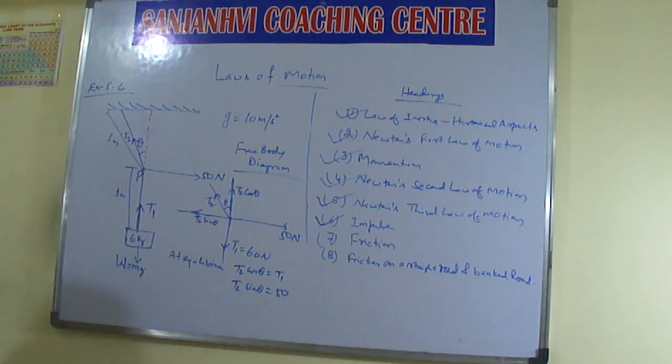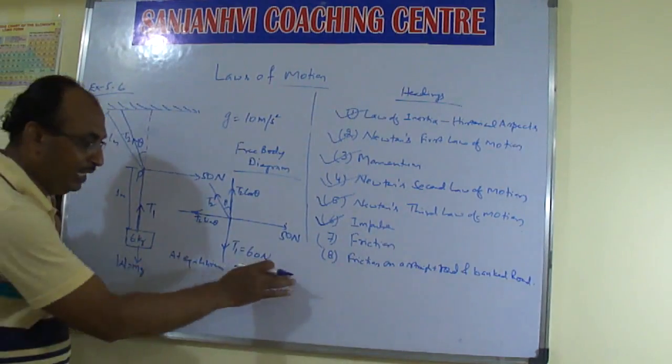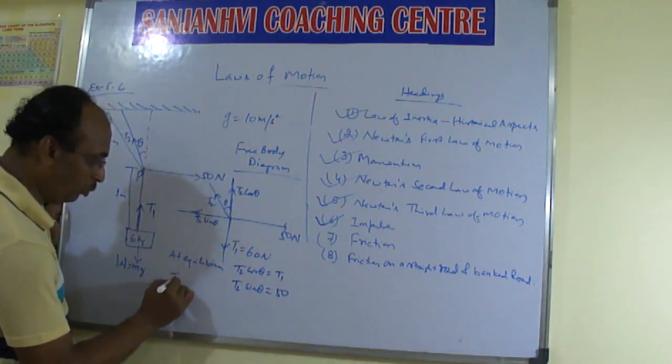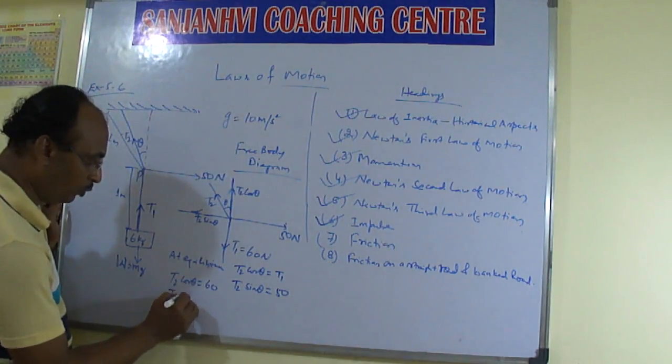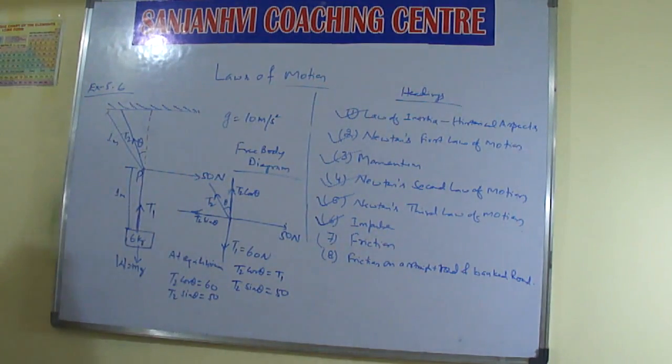Understood? Now T2 is not with us. T1 is already given, 60 Newton, correct? So T2 cos theta is equal to 60, and T2 sin theta is equal to 50. Right?